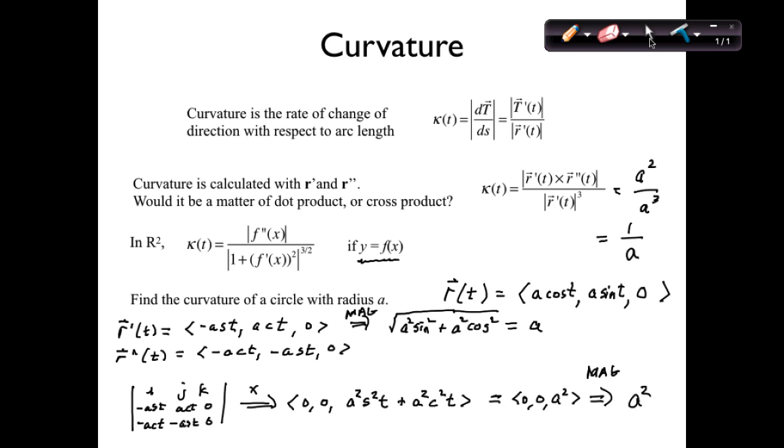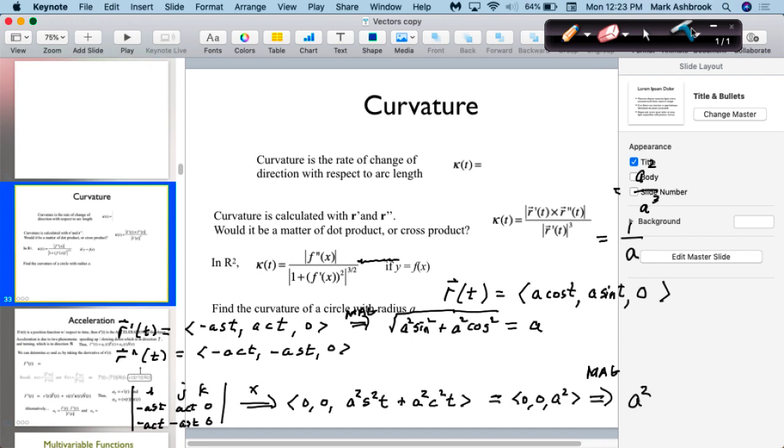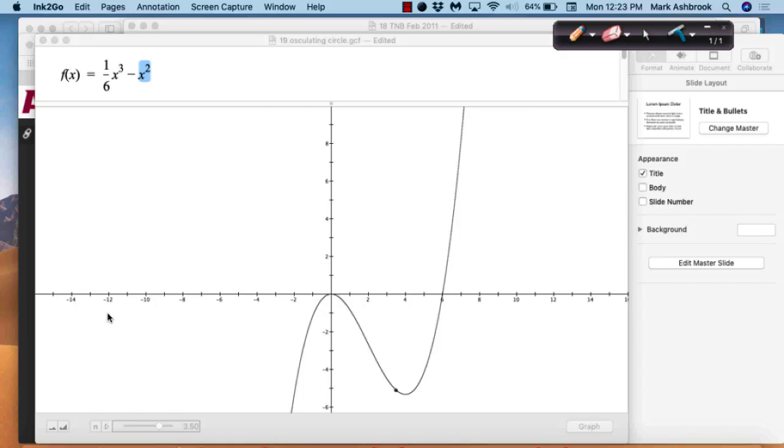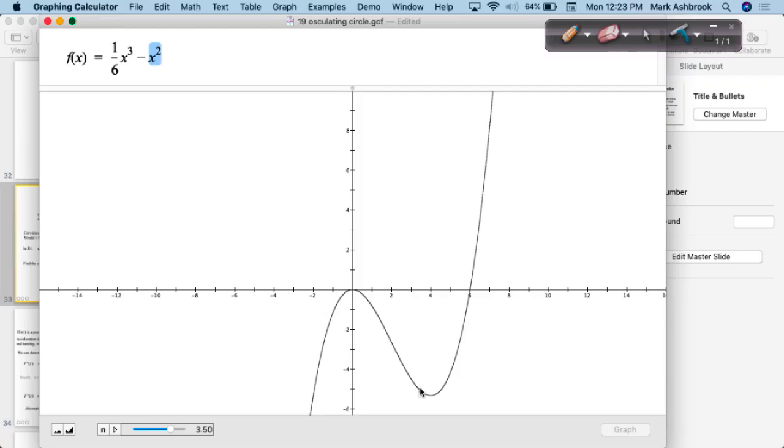Okay, so that leads us to something called the osculating circle. Any questions on this derivation? All right, so this is kind of cool. Here's a function. The osculating circle is a circle that's tangent to the curve with the same curvature at that point on the curve. So let's just talk about curvature. Where's the curvature the highest on this function, 1/6 x cubed minus x squared?